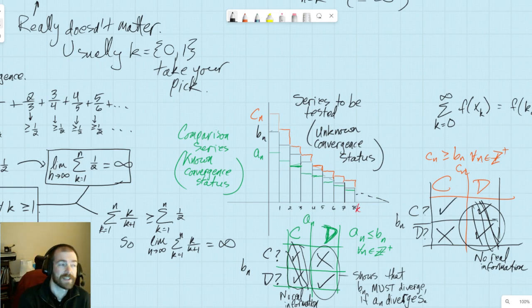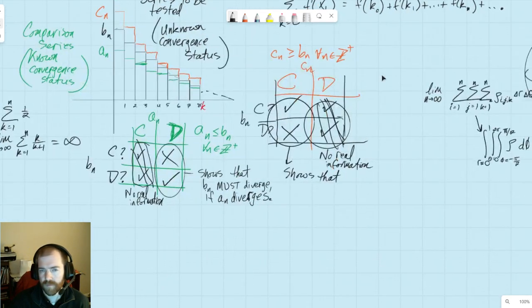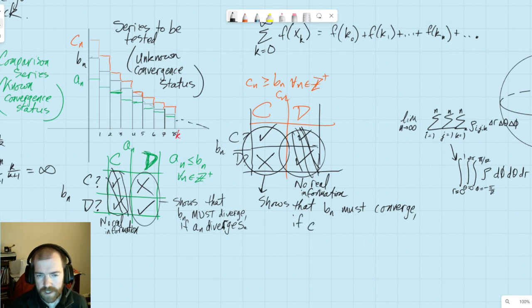Well, in fact, it has to converge. So this one here shows that B sub n must converge if C sub n converges.